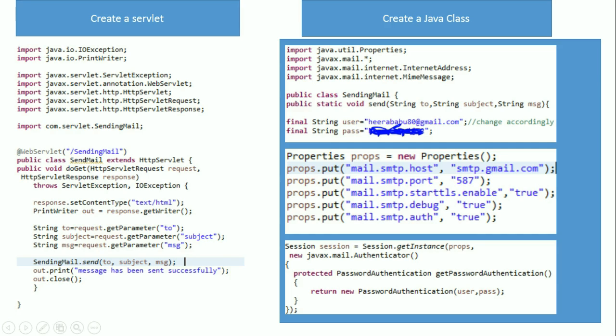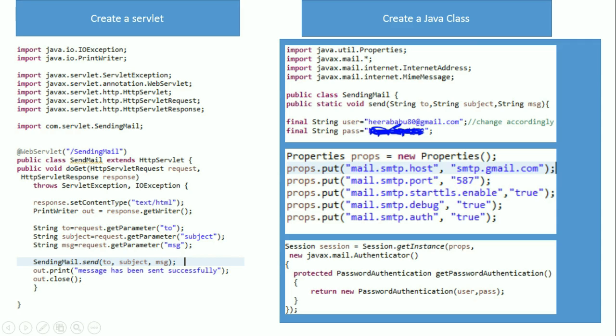We need to create a Java class with a method for sending mail, where I send three variables: to, subject and message. So I create a Java class: public class SendMail. This is my class. I have created a static method send with to, subject and message. I have passed my username and password, which is as below. You need to change these accordingly; give the password of your Gmail.